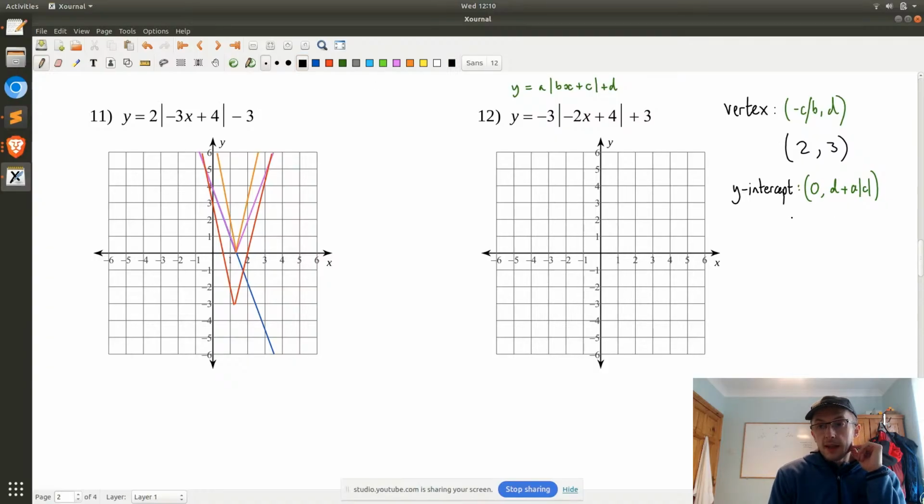So in this particular case, it would be 0 there. And then 3 plus negative 3 times 4. Negative 3 times 4 is negative 12. Negative 12 plus 3 is negative 9. So the y-intercept is way down there, and the vertex is 2, 3.